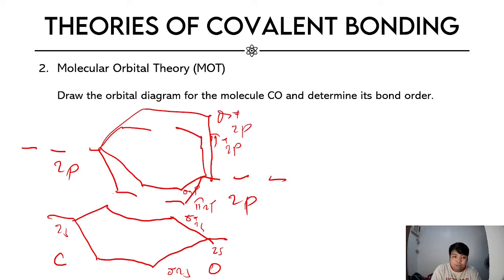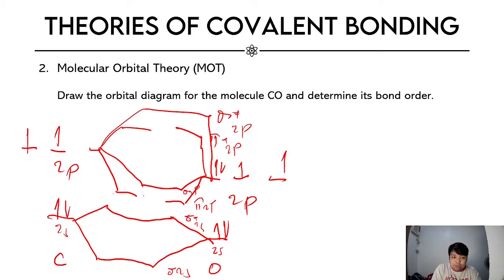Okay? Then from their atomic orbitals, we distribute them to their respective molecular orbitals. So carbon has 4 valence electrons, so 2s2, 2p2, and the valence electron configuration of oxygen is 2s2, 2p4.